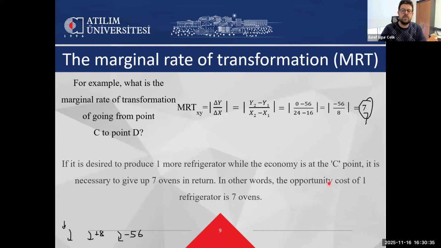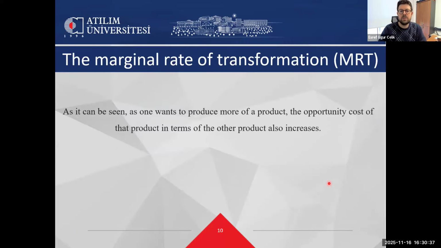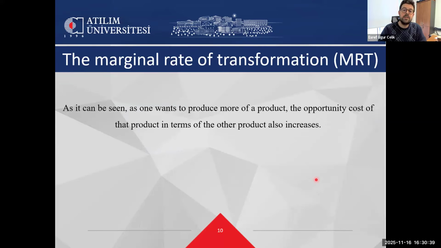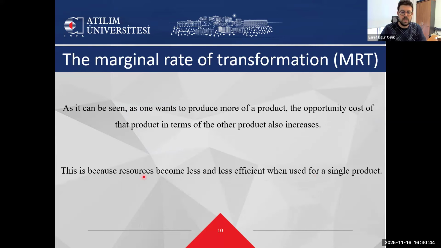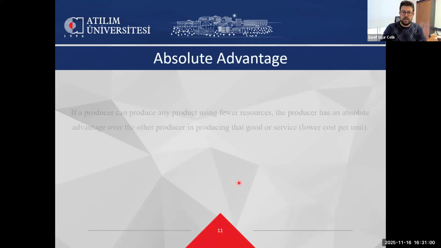Why does the answer become greater? Because the resources are scarce or limited. That means that using resources becomes less efficient. That's why we give up more and more of the other good for producing refrigerators.